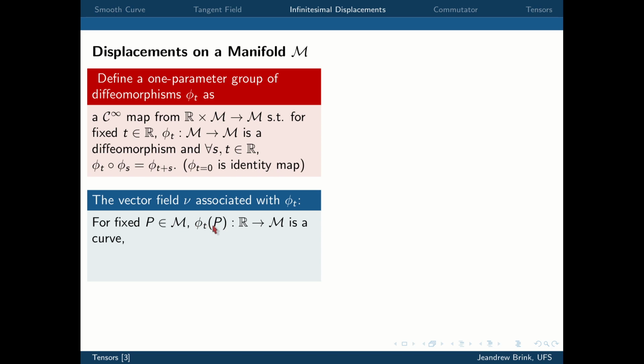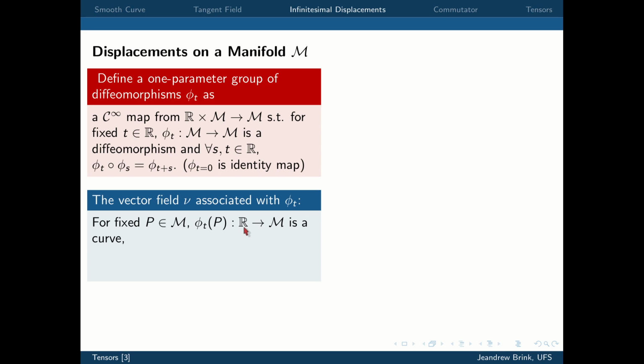So then we're going to study this thing. This phi of t of p is basically a map from how far, which is R, to the manifold. And what is this, if you look simply at what you're doing? Going from that line to the manifold. Yes, it is your curve. It is our definition of a curve. So for a particular point, we are restricting the discussion to what this diffeomorphism does with that point, and by doing that, we're looking at one line, which could be very curvy.